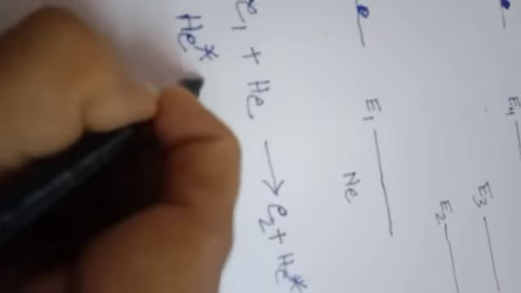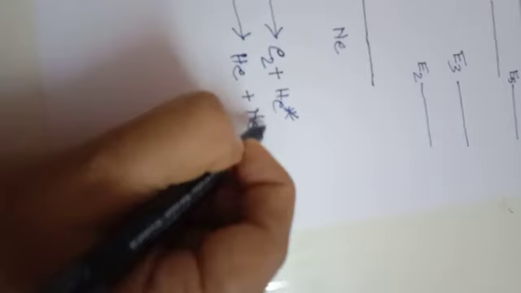This helium star will transfer its energy to neon, and neon will be excited. So helium will come to the ground state and neon will be excited. Neon becomes neon star. The first two equations we have done in the principle only.